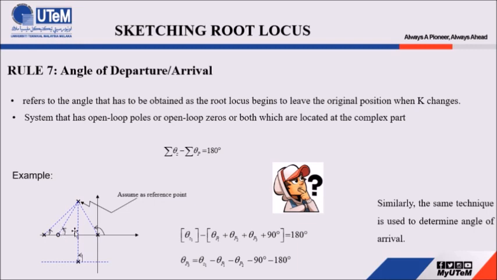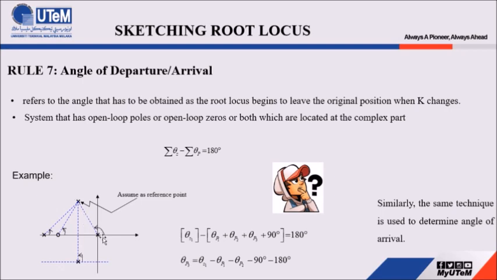For this one, we have to use the Pythagorean theorem to calculate this theta. This one is theta for pole, and this one is also theta for pole, and this one is also theta for pole. In this case, there are 4 poles, including this reference pole.